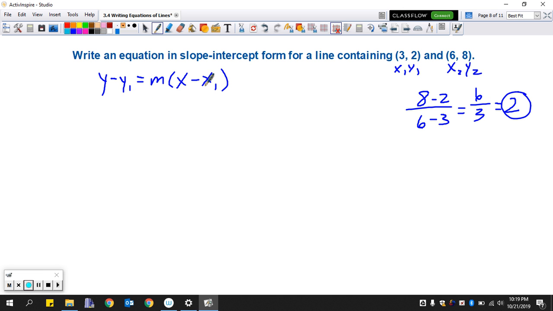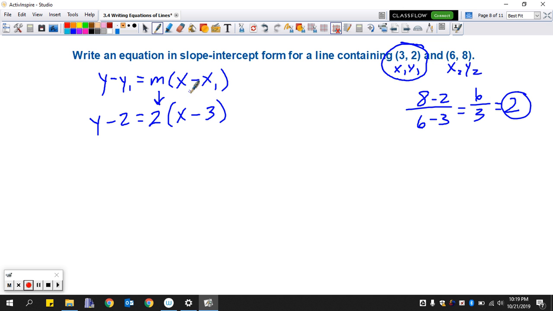We know that our slope m is 2. And it doesn't matter which point; let's just choose the one we've already labeled as x1, y1. So x1 is 3, and we end up with y minus 2.